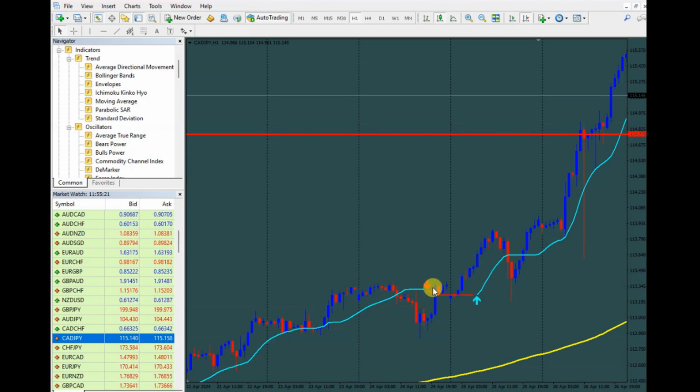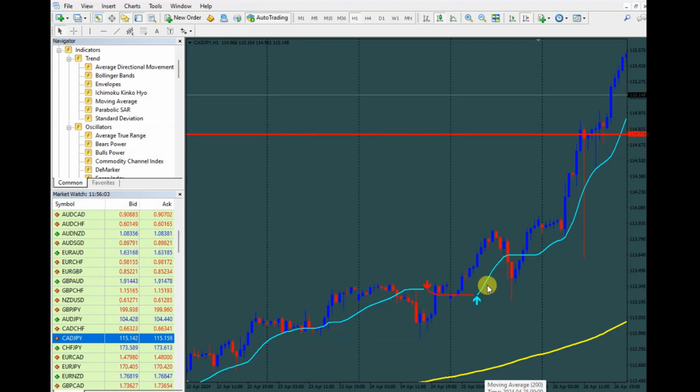Here again, we have an opposite signal. Once you get a reverse signal, make sure you move your trade to break even if you are not yet at break even. But if the trade is already above the break even point, do not bother because the price is still above the 200-day moving average.